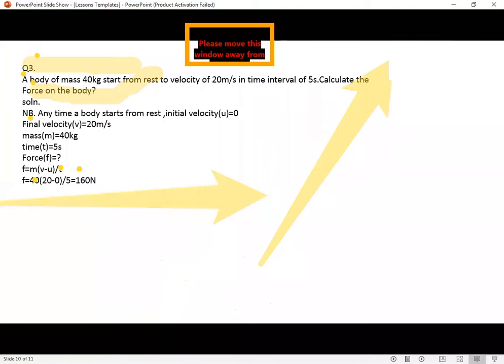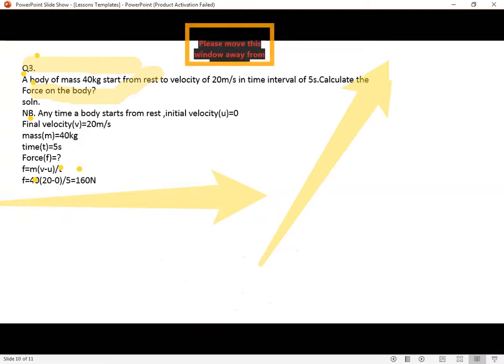We have to calculate for force. That's why the question mark is there. So we know that force equals mass times final velocity minus the initial velocity, all over time. So if you put all those figures inside, you are going to get 160 Newton as your final answer.